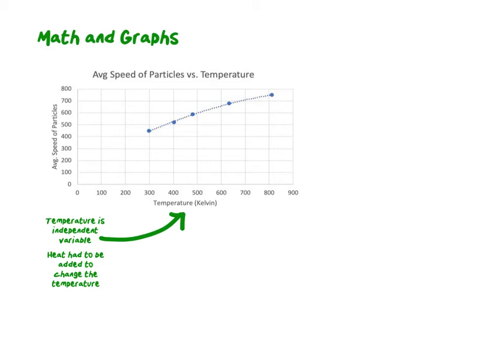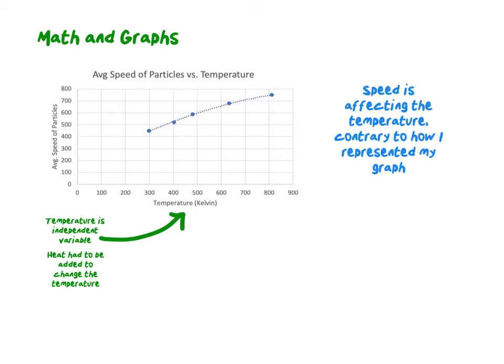So it's the whole chicken or the egg thing. Is it the speed that makes the temperature go up, or is it the temperature that makes the speed go up? Well, what I'm starting to realize is that the speed is making the temperature increase. In other words, the temperature is really a measure of the speed in some way, it appears to be.